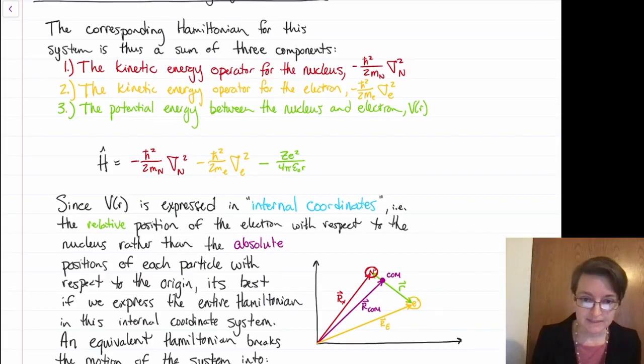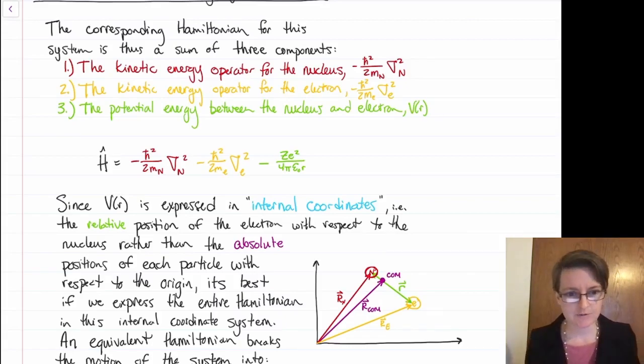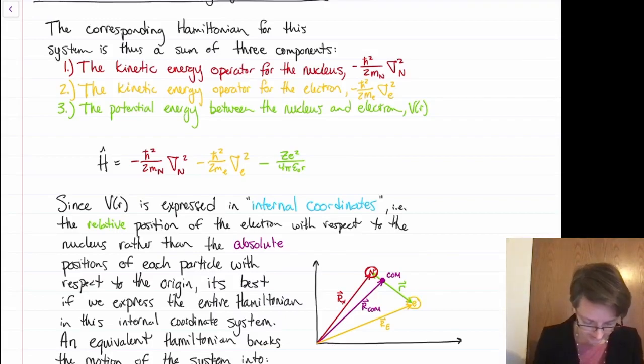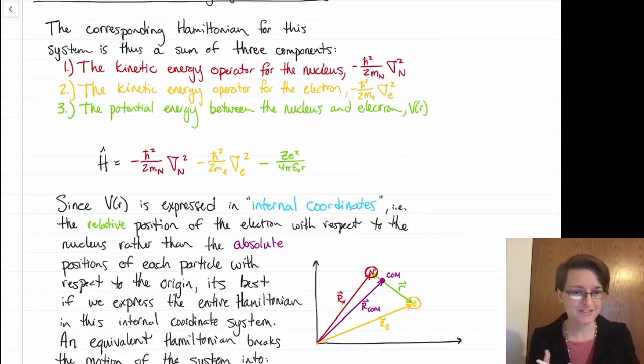And on my diagram, on this graph that I've shown to the bottom right, here I'm trying to depict the different types of coordinate systems you could use to describe the positions of these particles. And I'm using vector notation because all of these coordinates are three-dimensional. And so V of r is expressed in terms of this green vector, r, and in particular, since there's no orientational dependence, really it's just in terms of r, the variable.